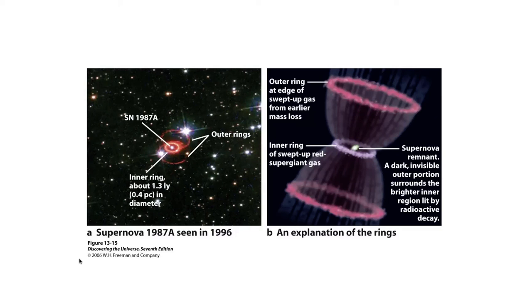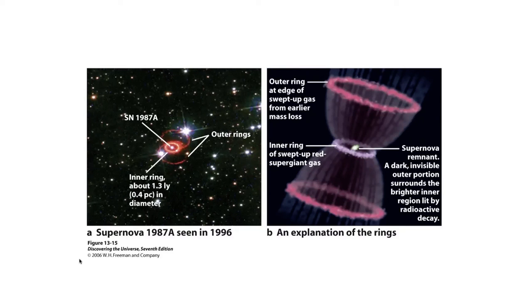So again, we think that this star had two lobes on either side that were material ejected while this star was just a massive star living its life. And then when the supernova went off, the shock wave propagated through that material.